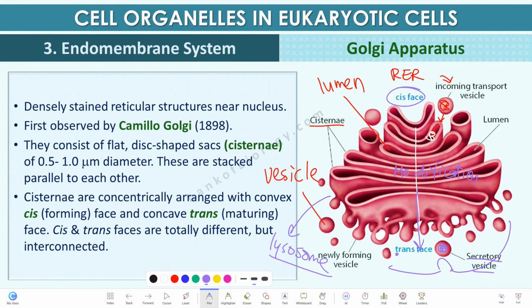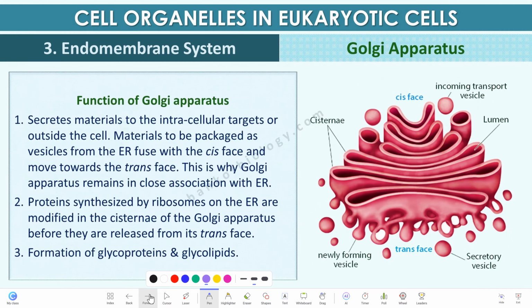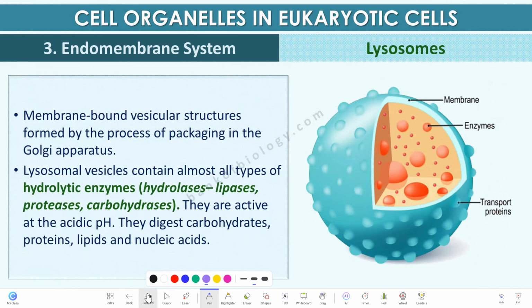And then it is packed into secretory vesicle and released outside. There's another function. That's lysosome. What forms a lysosome? Golgi. Golgi forms lysosome. And lysosome has one membrane. How many membranes?